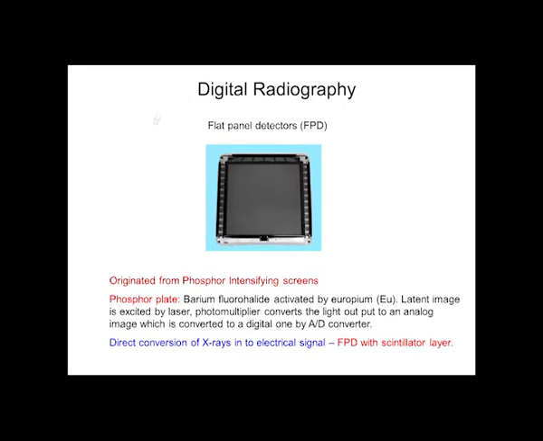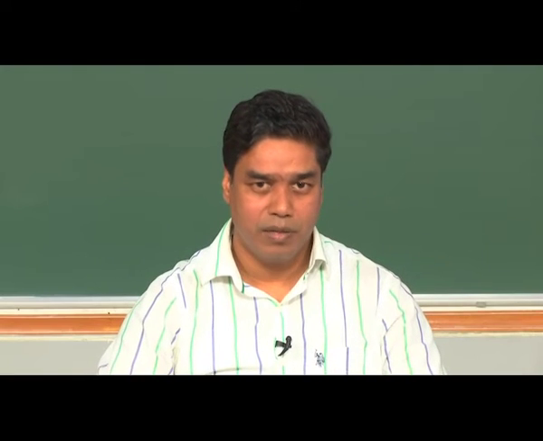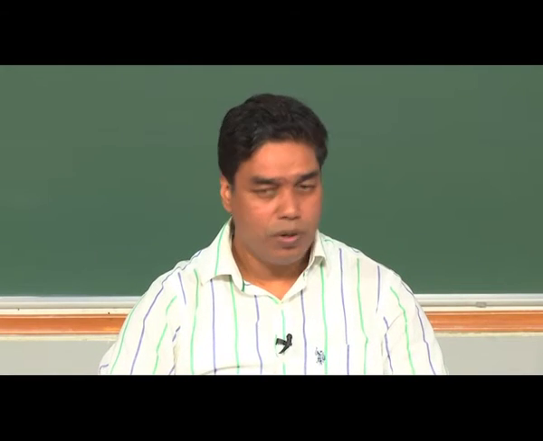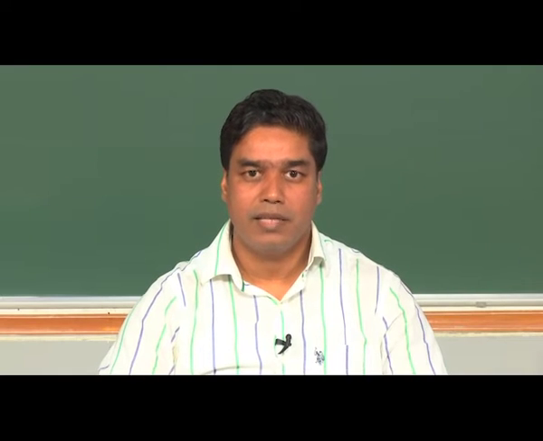This is the diagram of a flat panel detector or FPD, which is used for capturing the radiographic image. It is going to replace the film and whatever you do on the film. All you need for exposure is this flat panel detector, which will capture the image digitally, and it can then be transferred to a computer and stored, and then you can do the analysis as and when you want.